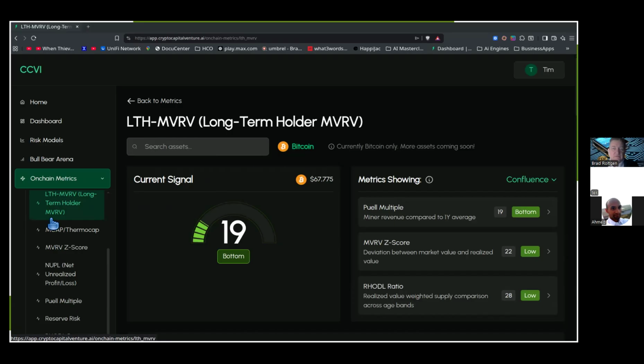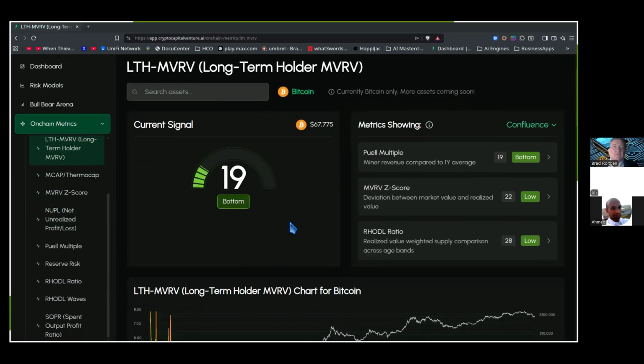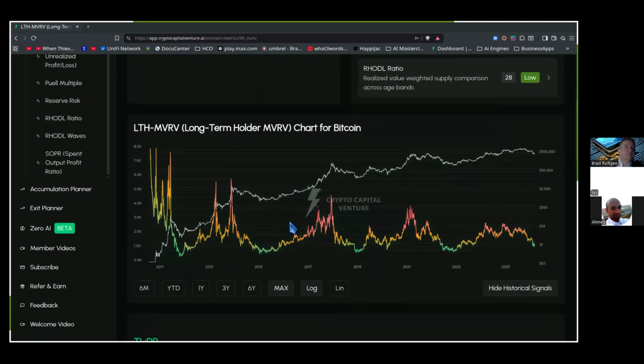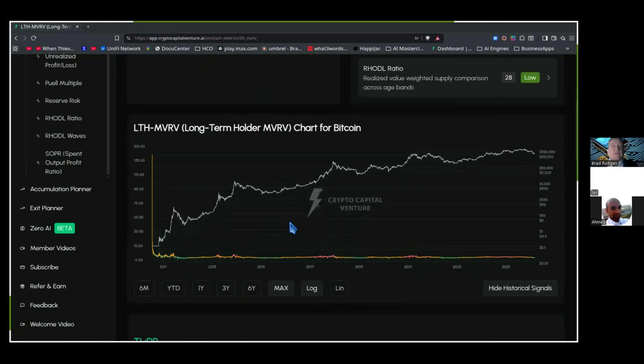MVRV is multiple value, merchant value, retail value. I forget what it stands for. Looks like they use it a couple places. Okay. Yeah.